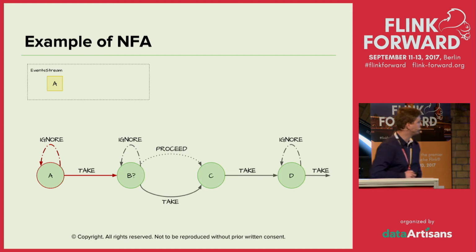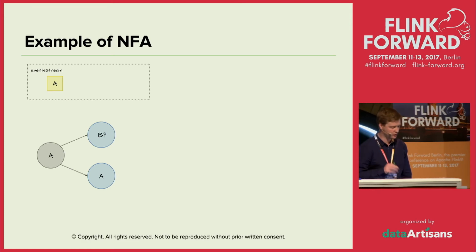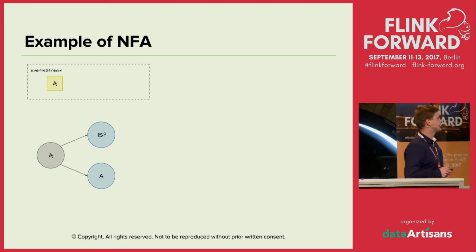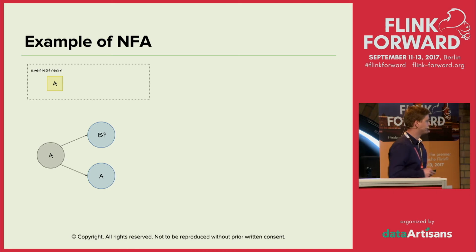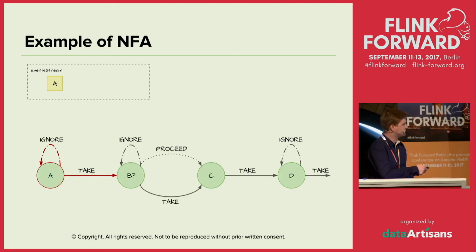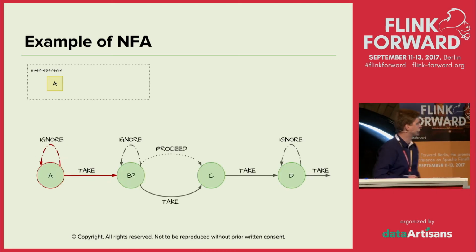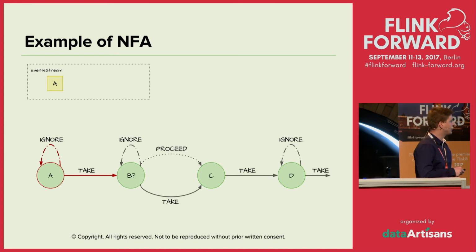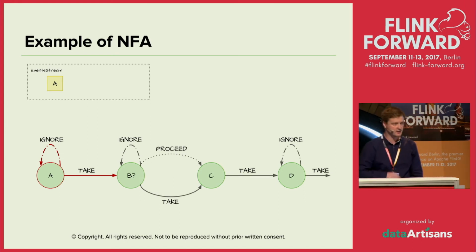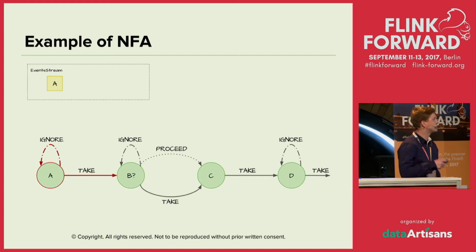The ignore transition will be triggered, and the take transition will be triggered, and it will generate two new computation states named A and B as the target states of those transitions. The difference between ignore and take is that in case of take, we store the event in a shared buffer.